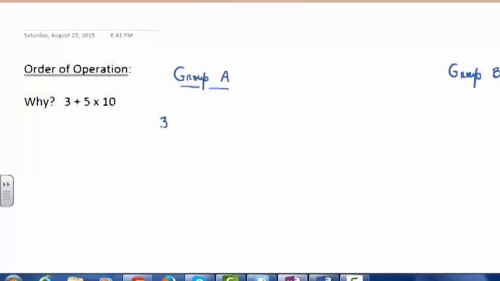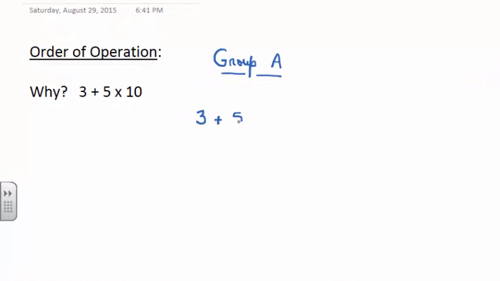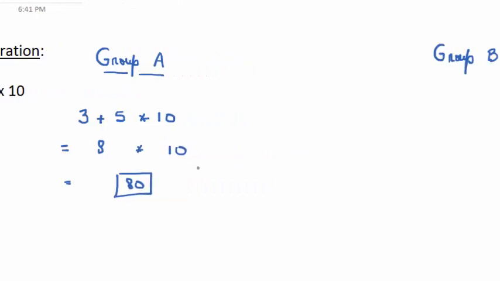They say 3 plus 5 equals 8, times 10. 8 times 10 equals 80. And they finalize this algebraic expression by saying the value is 80.